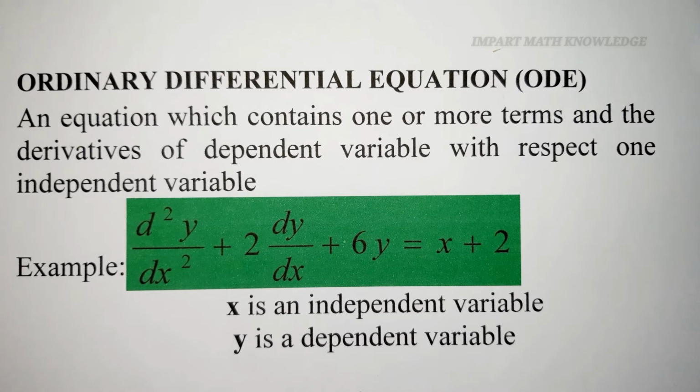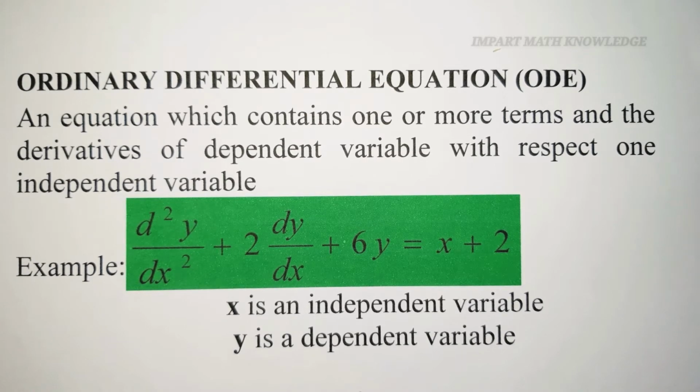In this video, I am going to explain how to find complementary function in ordinary differential equation. Ordinary differential equation contains the derivatives of one or more dependent variable with respect to one independent variable.